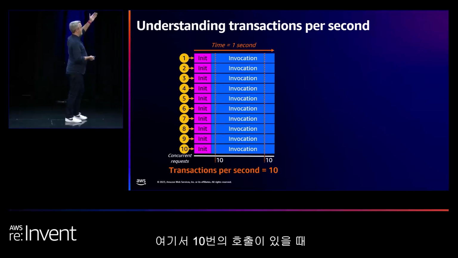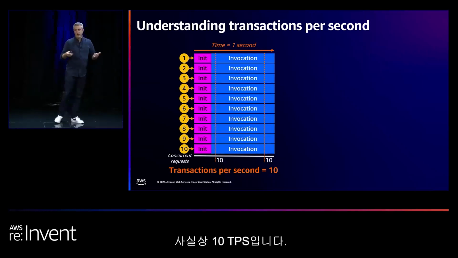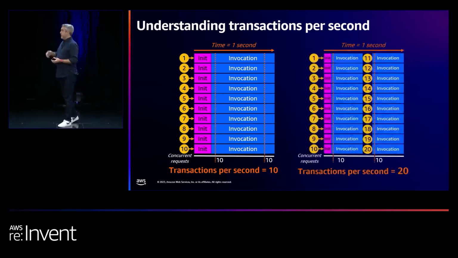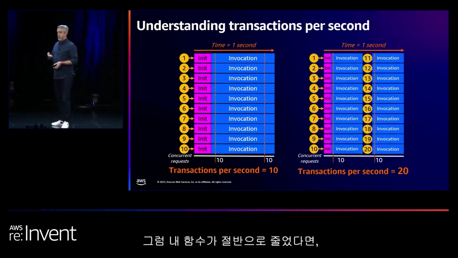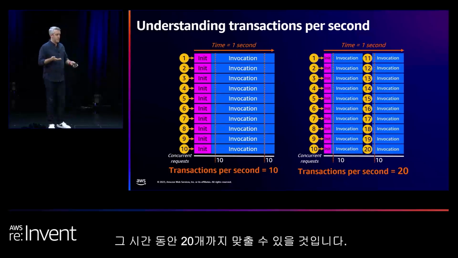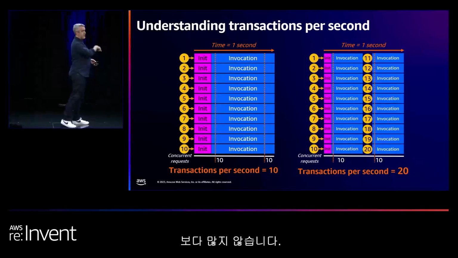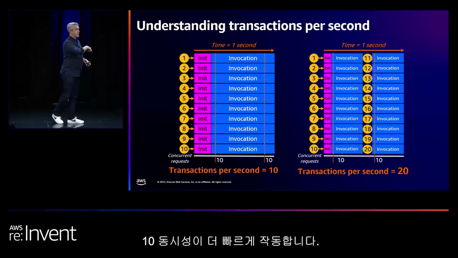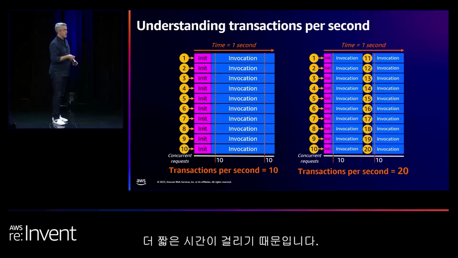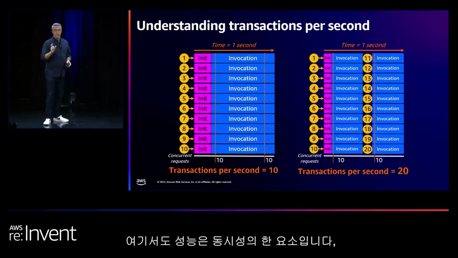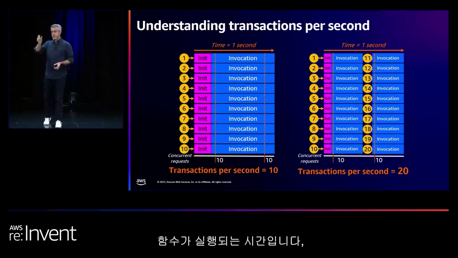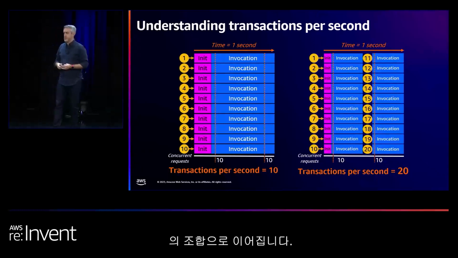So we can see here that if I have 10 invocations and they each take a second to run, effectively I have 10 TPS. Then if my functions took half as long, I would be able to fit up to 20 of them in that time period. And so again, I don't actually have more than 10 concurrency. It's just that 10 concurrency is working faster because it takes a shorter duration. So performance here is a factor of concurrency and the time duration of your functions running, and that leads to the combination of what looks like TPS.